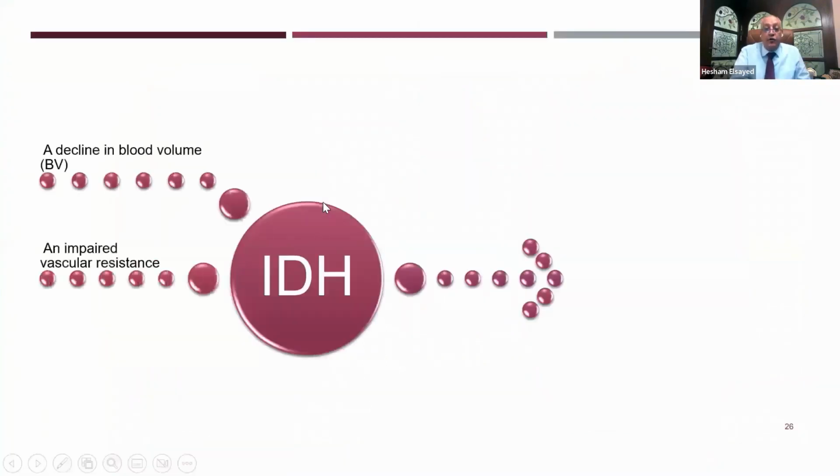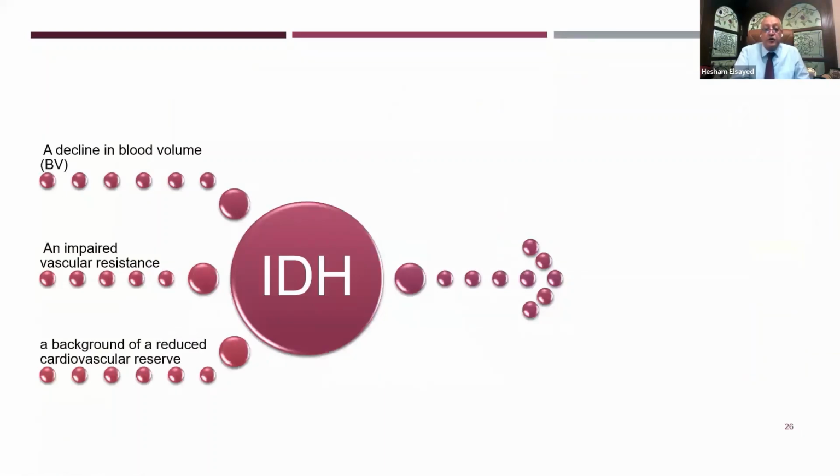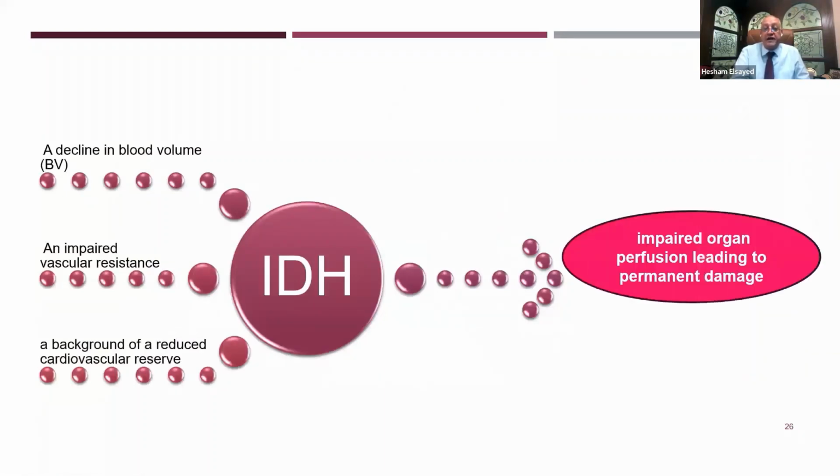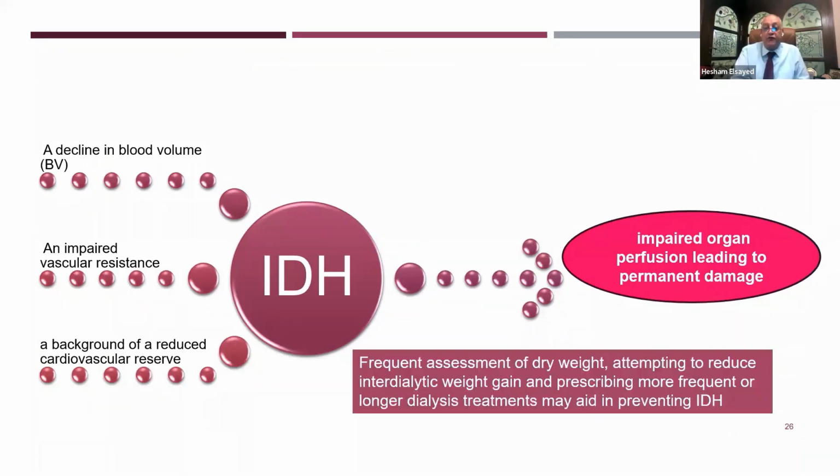A decline in blood volume and impaired vascular resistance, in a background of reduced cardiovascular reserve, as the patient already has a cardiovascular impairment, will impair organ perfusion, leading to permanent damage. So frequent assessment of dry weight, attempting to reduce intradialytic weight gain, and prescribing more frequent, longer treatment may aid in preventing intradialytic hypotension.